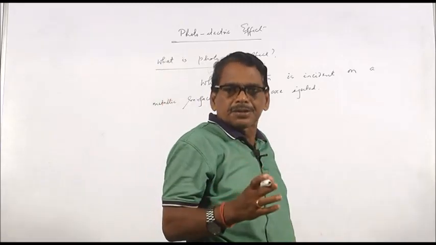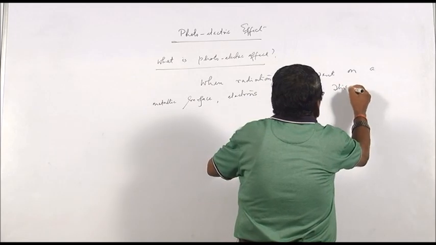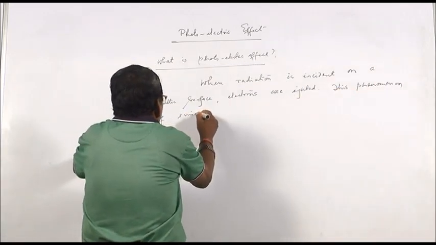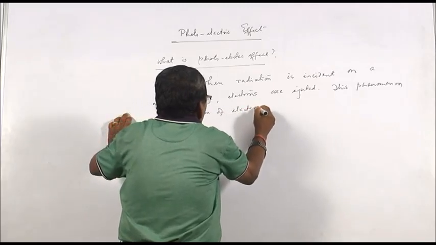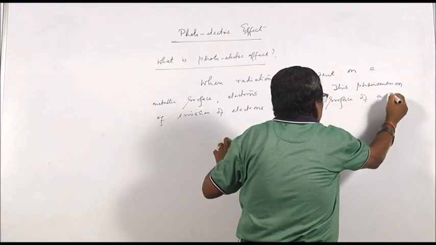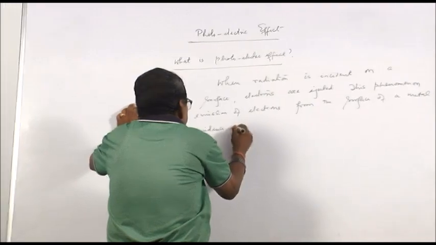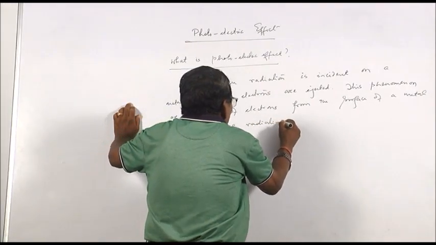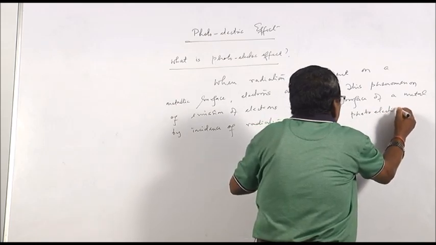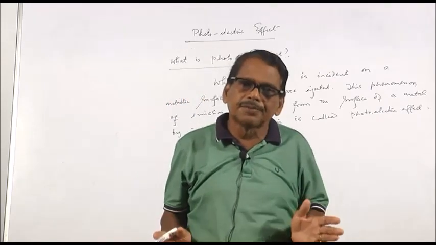This phenomenon of emission of electrons from the surface of a metal by incidence of radiation is called the photoelectric effect.